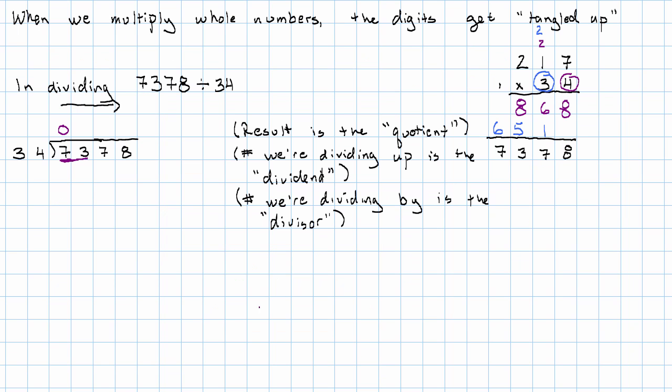34 goes into 73, well, at least once. Can it go in twice? Well, if I have groups of 34, and I take 2 of them, 2 times 4 is 8, 2 times 3 is 6. Yes, it can go in twice. Can it go in 3 times?